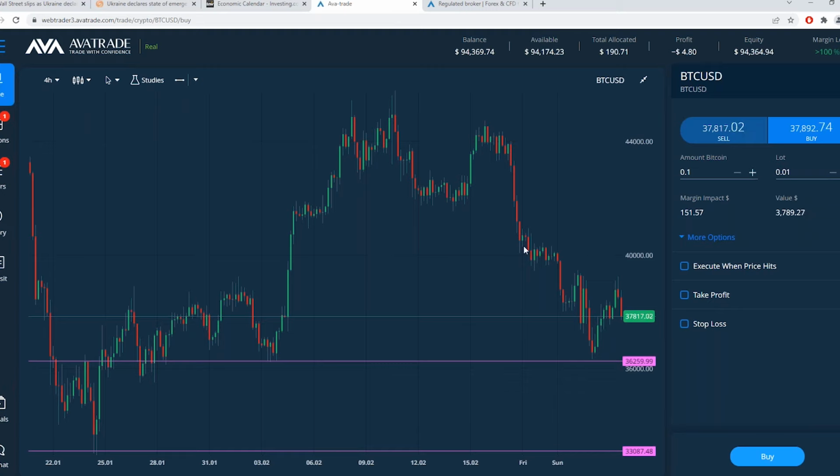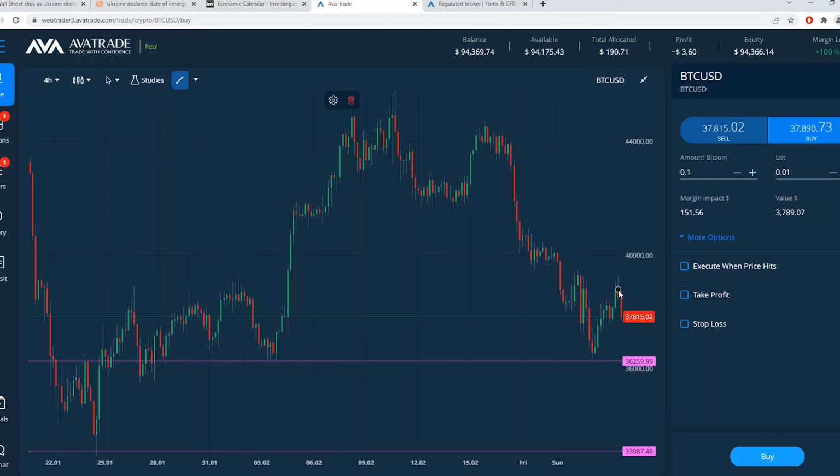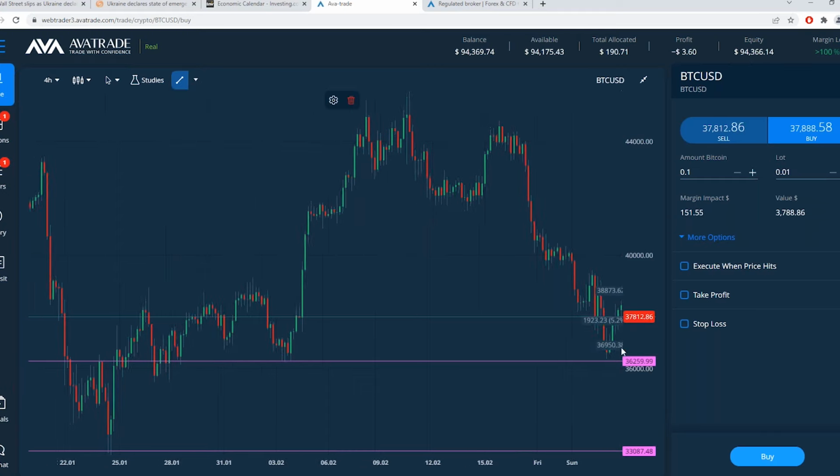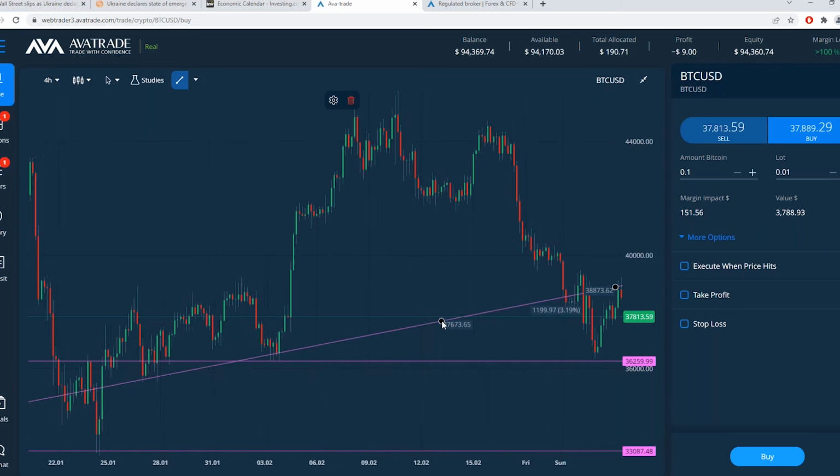It looks like as the fear is intensifying a bit more, maybe, that it wouldn't take much to see Bitcoin try to come back down towards this support level down here, okay, where it was down here.